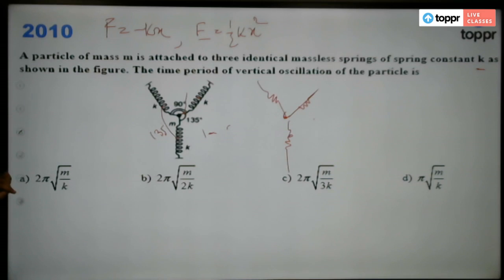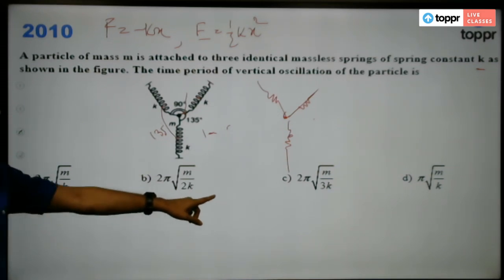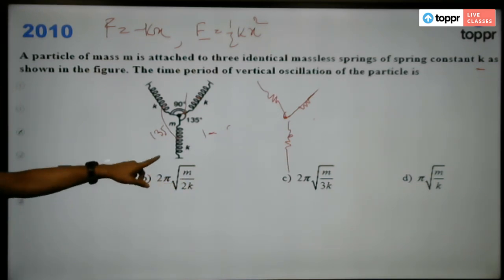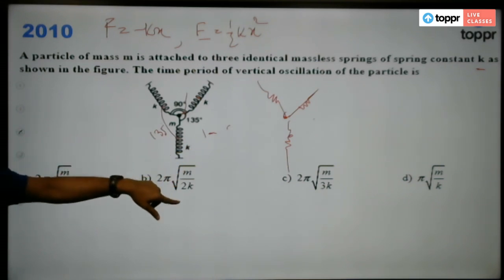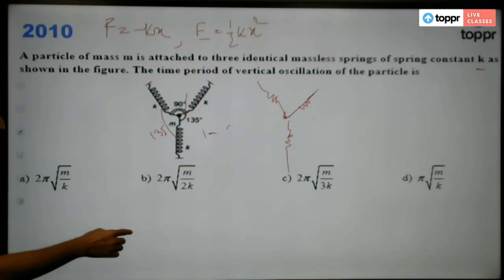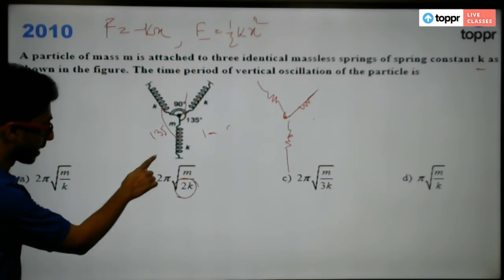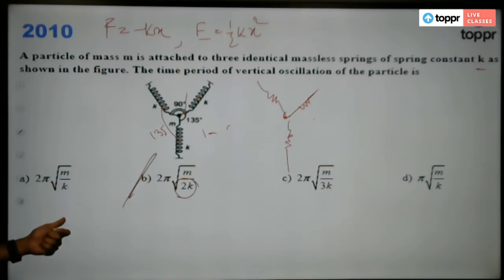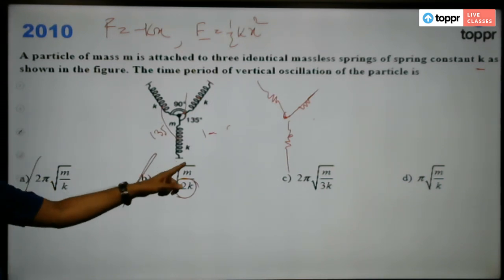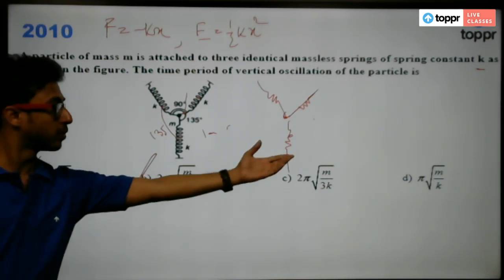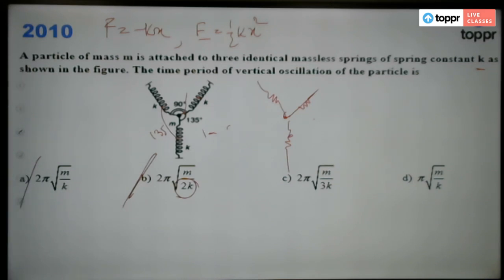So what will be the answer? You know the formula, right? 2 pi root of m by k. In place of k, what will you use? Nothing but 2k. So this will be our answer: 2 pi root of m by 2k. This is a little bit tricky question.